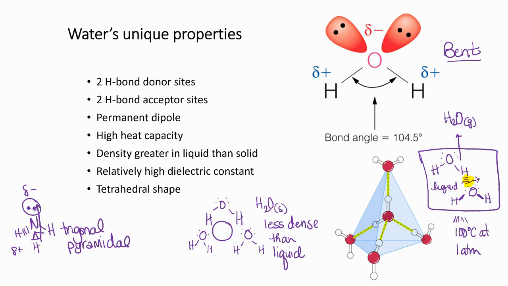It takes a lot of heat energy to boil water. We have to heat it up to 100 degrees Celsius at 1 atmosphere. And if you think about this, it might seem very trivial, but it's super important because it takes a lot of energy even just to vaporize water to a gas, which is why the Earth has water liquid.